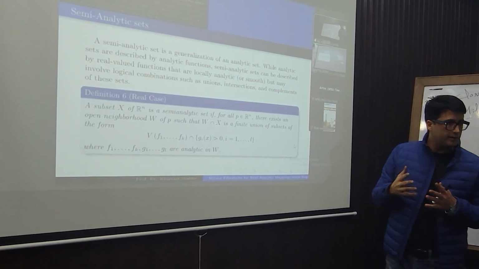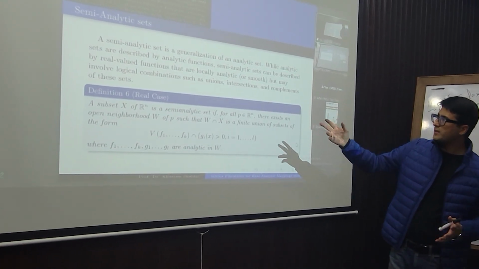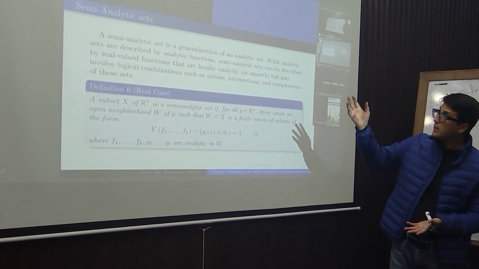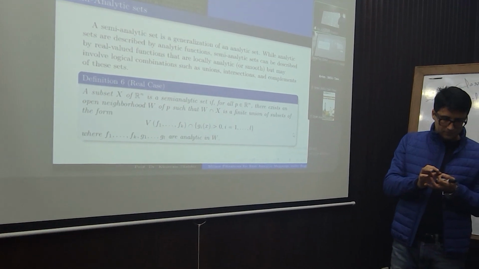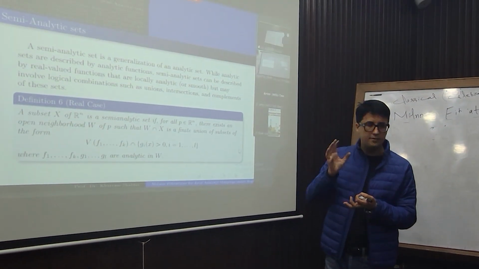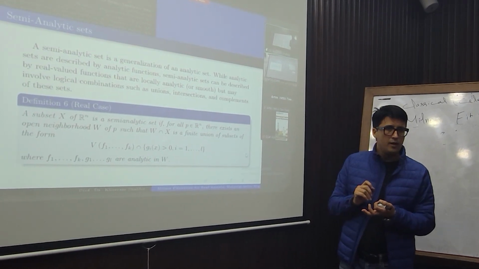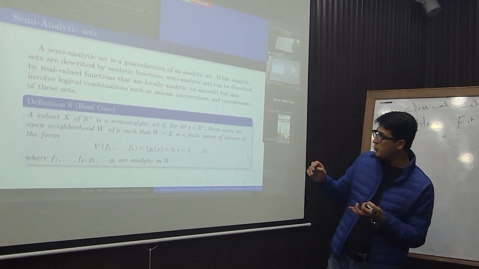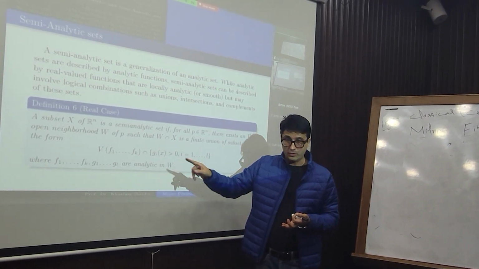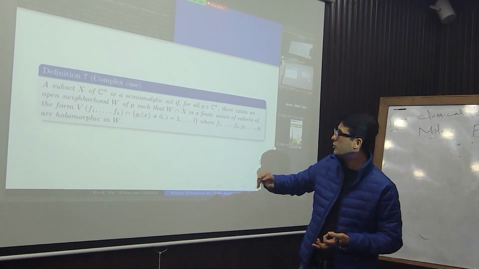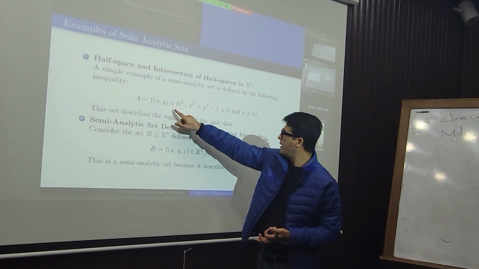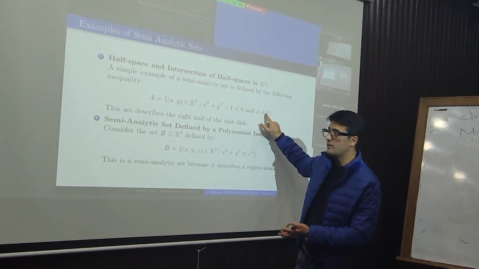And this was about the analytic set. And then there is the semi-analytic set. What is semi-analytic? Semi-analytic is the generalization of analytic. In the analytic case, you are looking for the solutions of a finite number of equations. But here you will have inequalities as well. For example, in this example you can see the points where this happens and this happens.